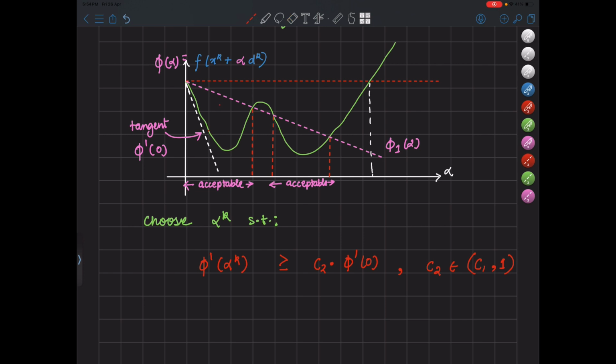Let's say this is the desired slope, because the slope at initial has been multiplied by a positive constant c2.